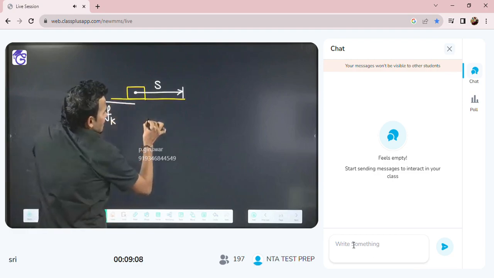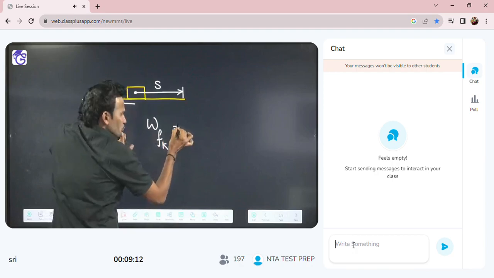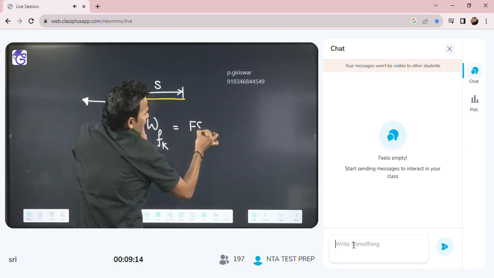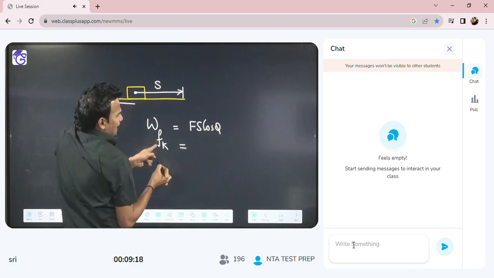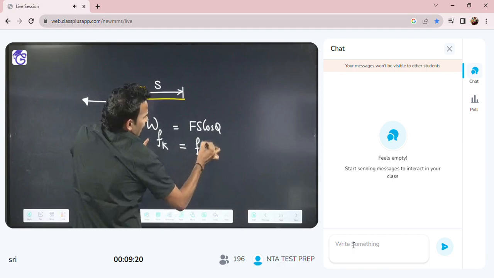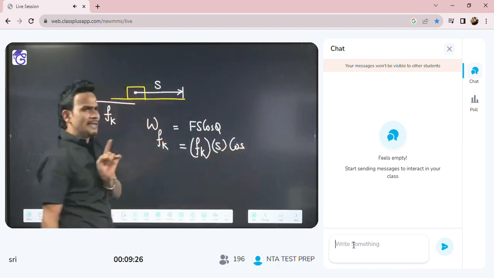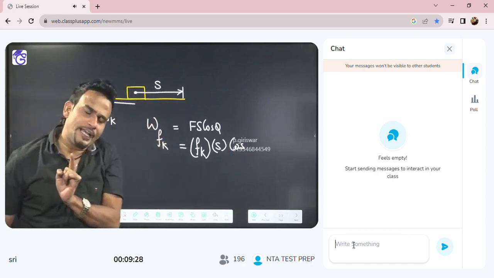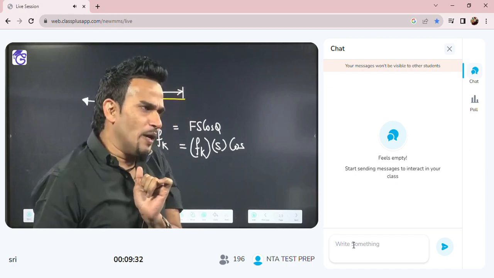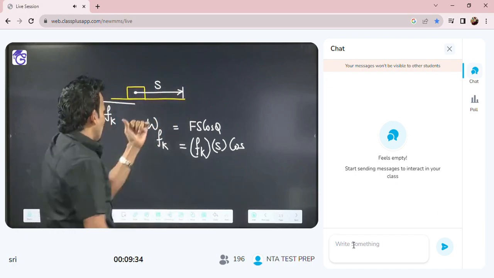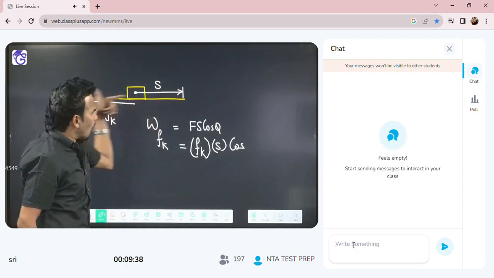So again the same formula, F S cos theta. Now the force whose work you are calculating is the kinetic friction. So Fk into S into cos theta. But what will theta be here? Theta will be 180. You know friction will oppose the motion of the block, so friction will act backward while the block is going forward.